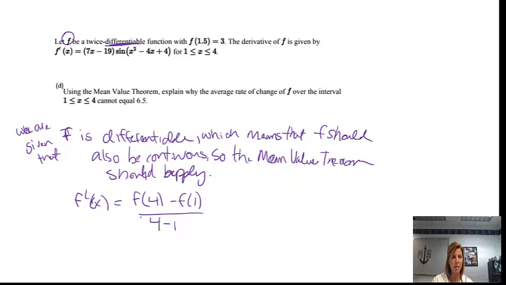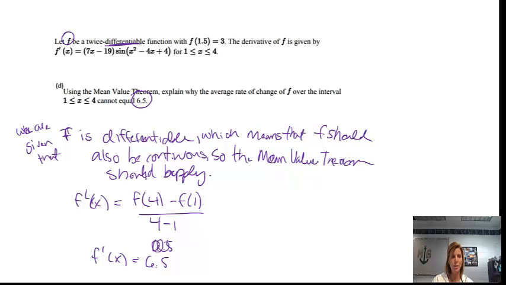Here they're saying it can never equal 6.5. We usually show that if we can find the average rate of change to be 6.5, then somewhere the derivative has to equal 6.5. But this time, since we have nothing about the function at all, we're going to have to go the other way. So we're going to have to see if f prime ever equals 6.5, then the average rate of change would also have to equal 6.5.